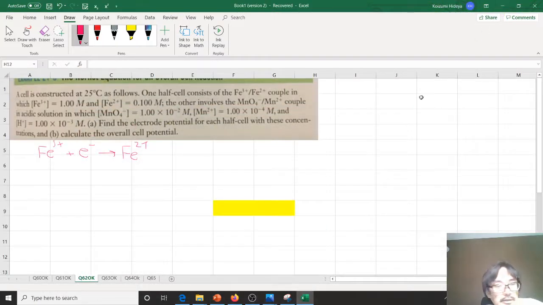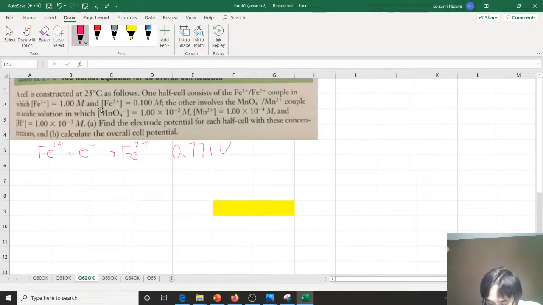So it's positive 0.771 volt right here, right? And this is at standard conditions, and we are not really talking about standard conditions here, because the concentrations of Fe2+ and Fe3+ are not the same.